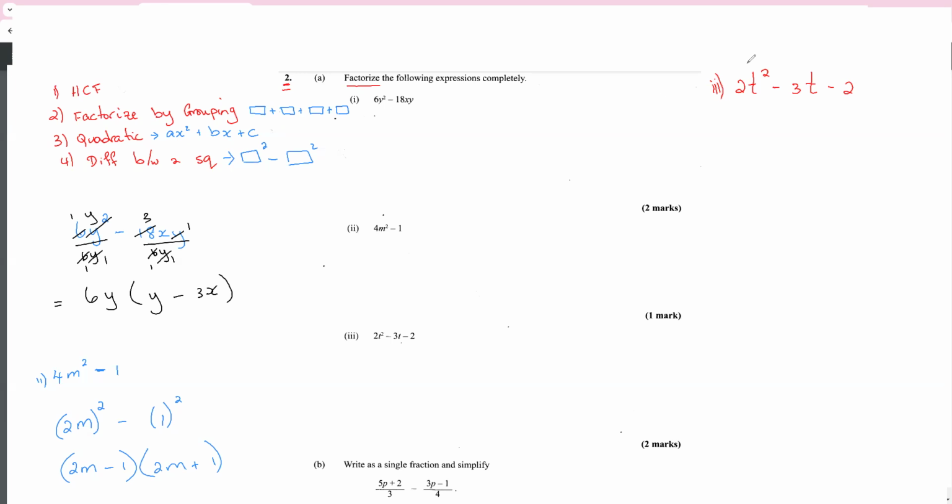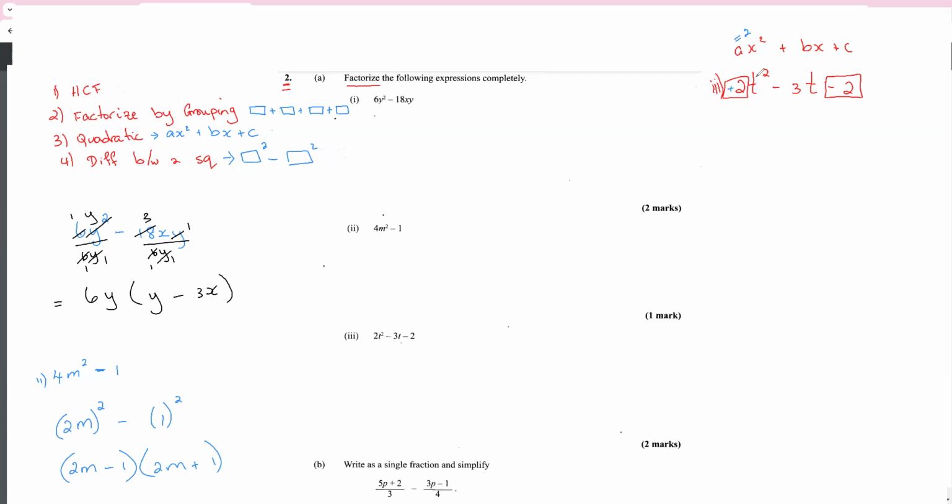So, quadratic factorization. Your first step is you're going to multiply your c by your a. So you can put it into the form of ax squared plus bx plus c, where a would be positive 2.